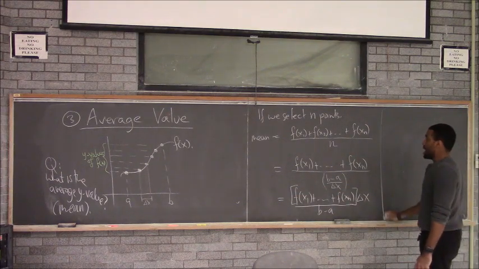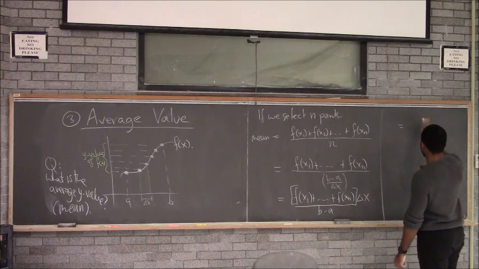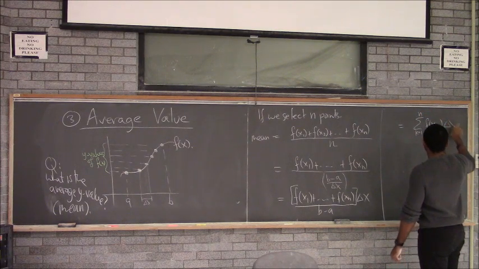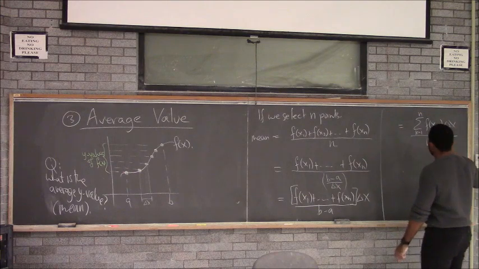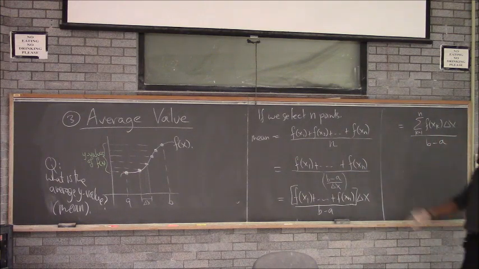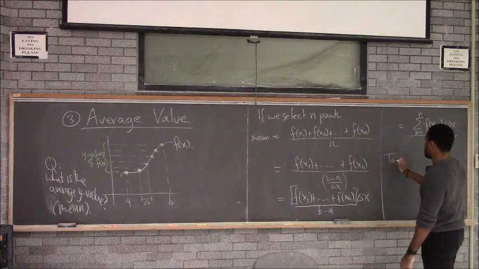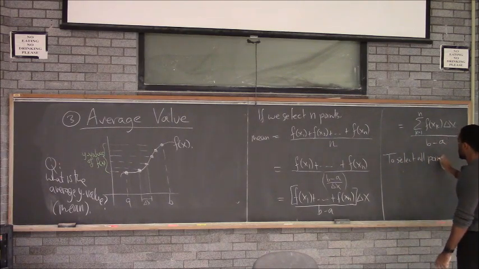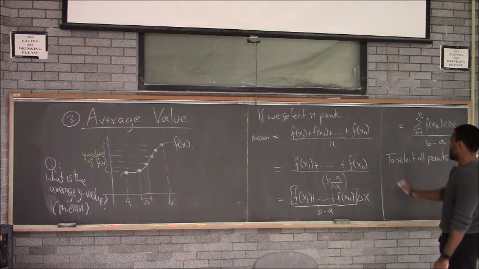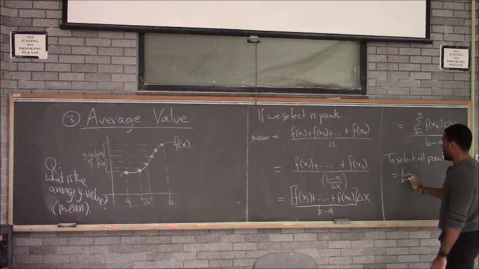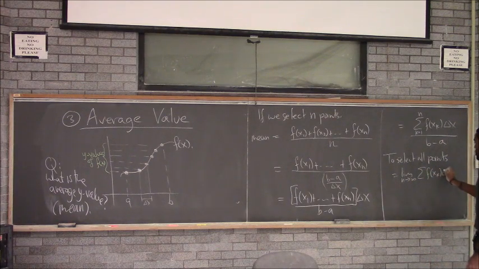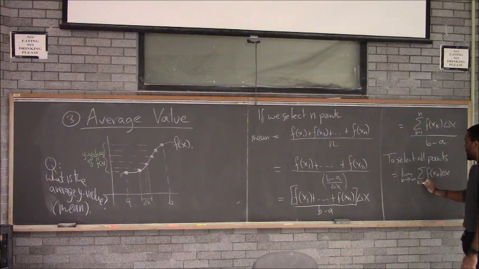And you'll notice I can actually write this as a summation. But that's just me selecting n points. To select all the points, you simply take the limit as n goes to infinity, to say I'm going to select an infinite number of points so that I can get all of them.